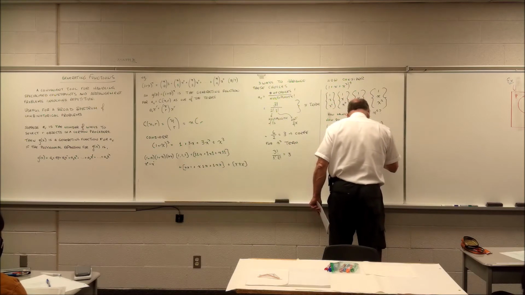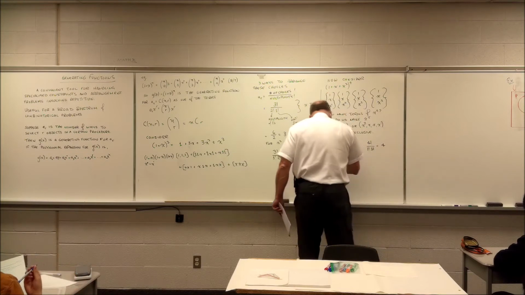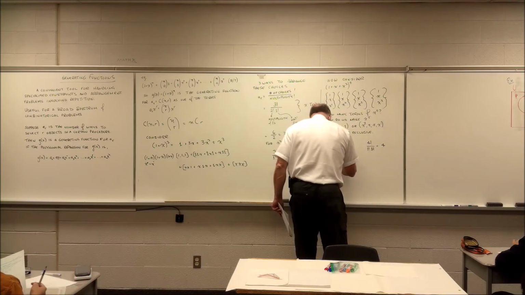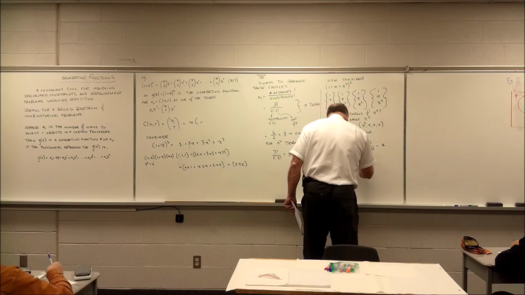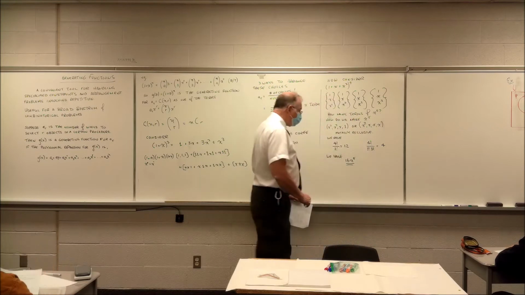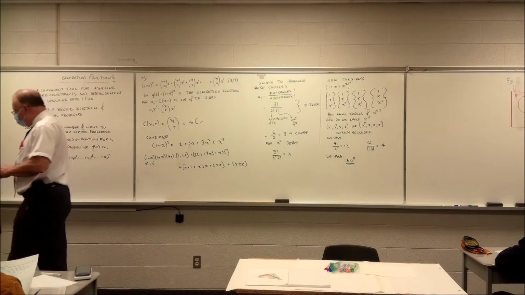We have 4 factorial yet again, divided by 1 factorial times 3 factorial, which is equal to 4. So then we have 16 ways to create x to the 5th. That term. Now we're calling it x to the 5th. It could be something else.